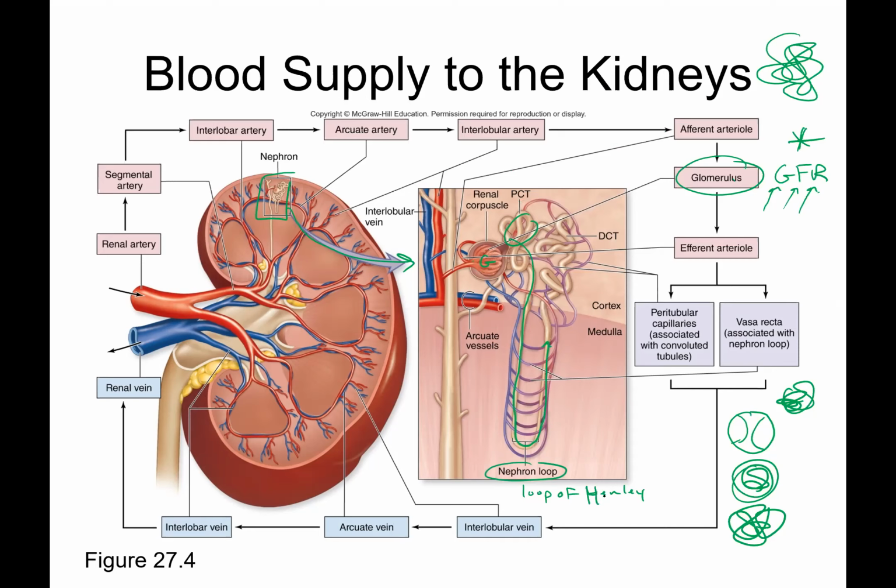Now as we're traveling back up, you eventually come to the distal convoluted tubule, which is all this stuff. The distal convoluted tubule gets its name because it's farther away from the glomerulus, therefore distal.